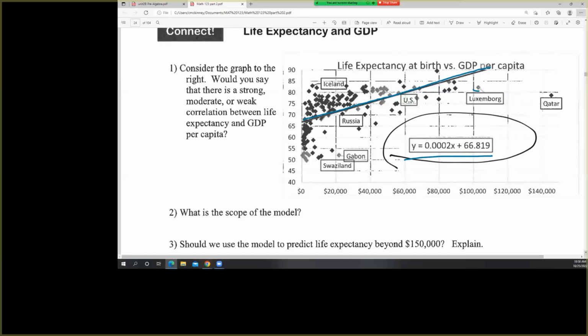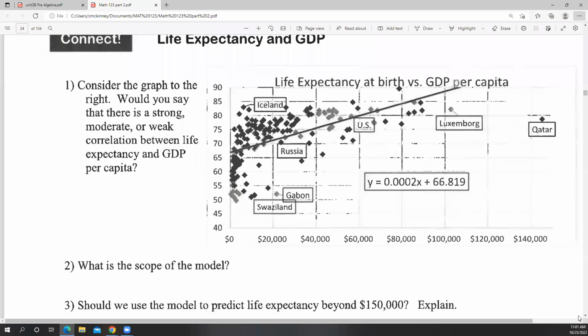So if this is Luxembourg, this would be the point that we're getting when we plug into the equation. So we can see that the line is higher than the actual point. Okay, next page, get some nice slope action here.